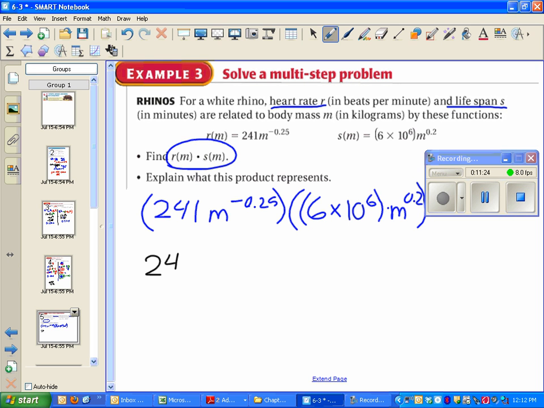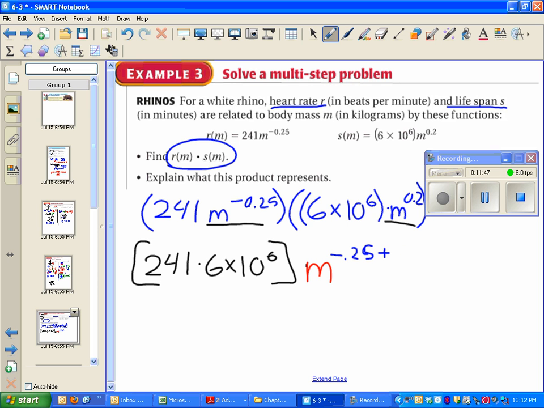So I have 241 times 6 times 10 to the 6th. So I can do that on my calculator. And then I'm going to take m, they both have the same bases, and when I multiply, I'm going to add the exponents. So this is going to be m, and then negative 0.25 plus 0.2. Okay, so that's what we have so far.